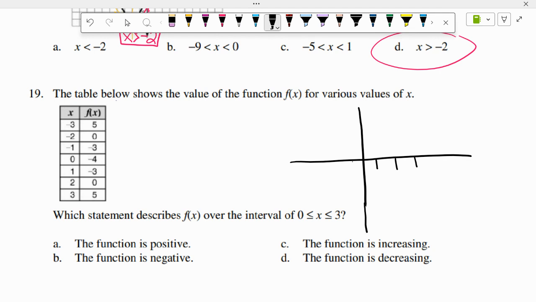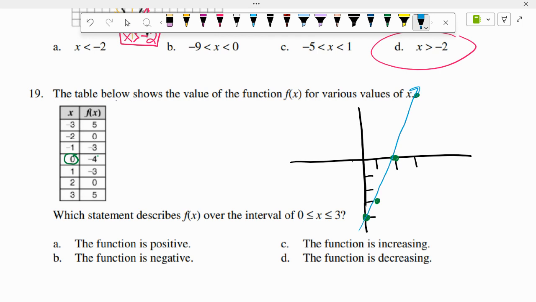Look at your table. When x is 0, my output is -4. When x is 1, my output is -3. When x is 2, my output is 0. And when x is 3, my output is 5. Is this increasing or decreasing? It's increasing. The function is increasing.